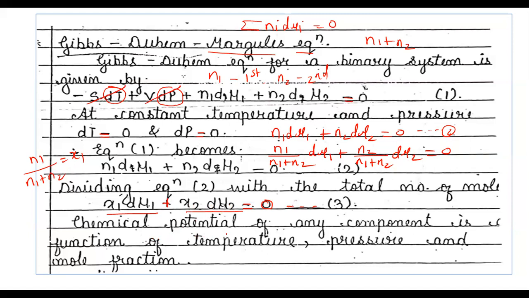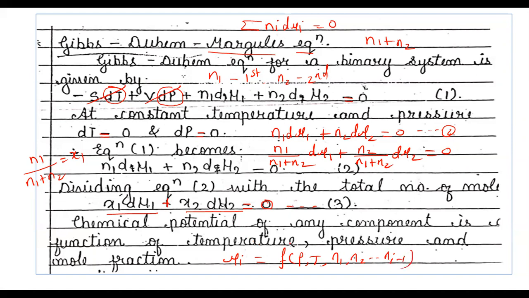Now I know that the chemical potential of any component is a function of temperature, pressure and mole fraction. Suppose we consider the ith component. The chemical potential of the ith component is a function of pressure, temperature and number of moles N1, N2 up to N(i minus 1).